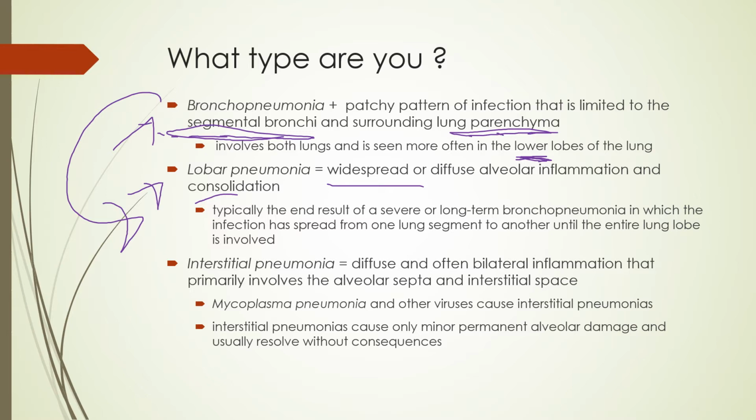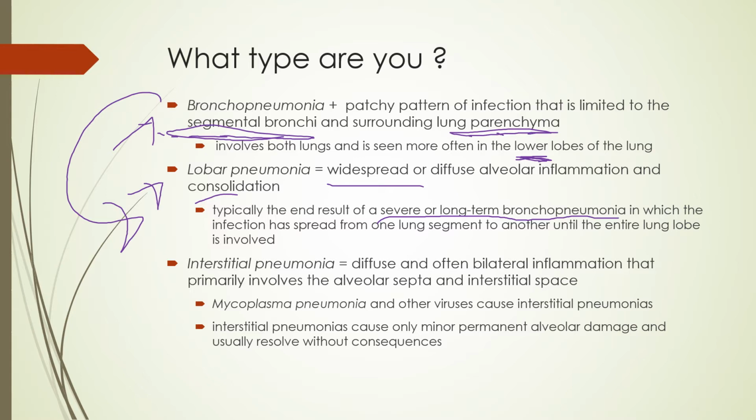This is what we see for more of your long-term bronchopneumonias. It goes to a lobar, so it goes to a whole lobe of a lung, right? So you've got like the right lower lobe pneumonia or left lower lobe pneumonia going on here. It went from being isolated to now a whole lobe.